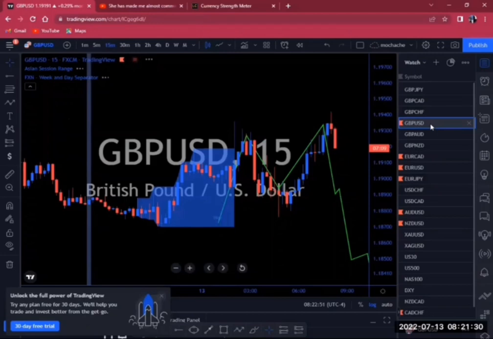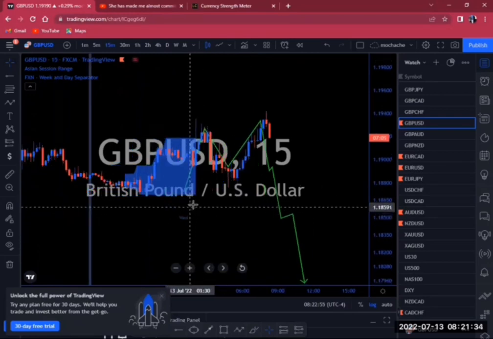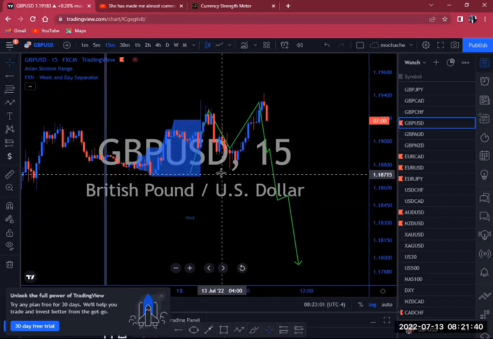So London spiked above that to initiate a new high of the day, and then price pulled back inside the Asian session. After accumulating contracts for some hours, the New York market opened and price spiked above the London high to create a new high of the day for the New York market, to complete that pattern in order to initiate a setup that we can engage for a sell opportunity.